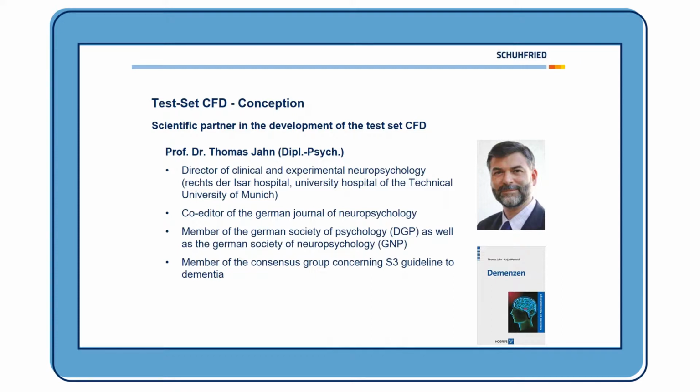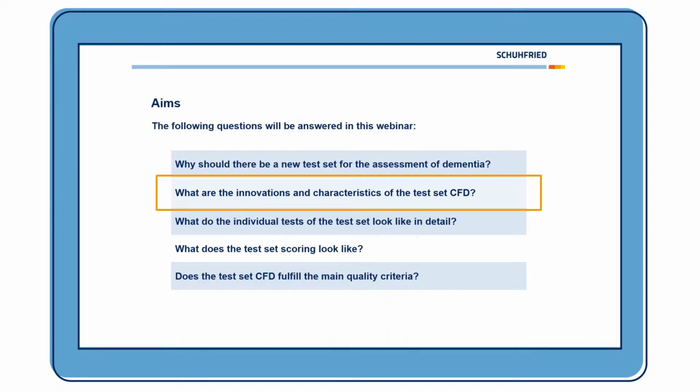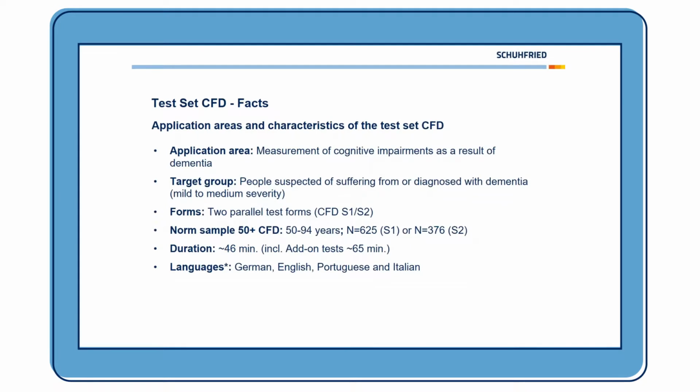He is a member of the German Society of Psychology as well as the German Society of Neuropsychology, and he is a member of the consensus group concerning the S3 guidelines for dementia. So he is an expert in the assessment of dementia, and we used his expertise in the work for the test set CFD.